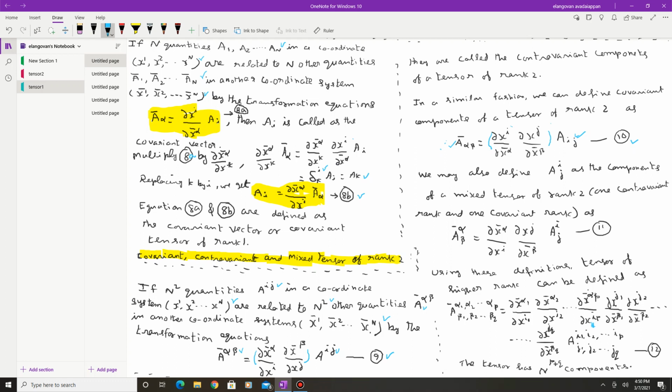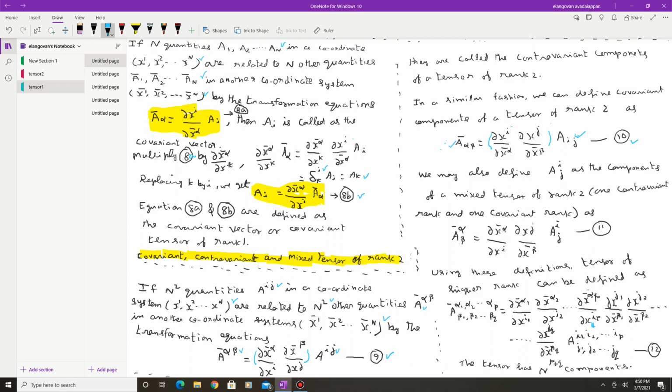So a covariant tensor of rank 2 satisfies this transformation relation. The transformation relation tells you whether the quantities are contravariant or covariant.